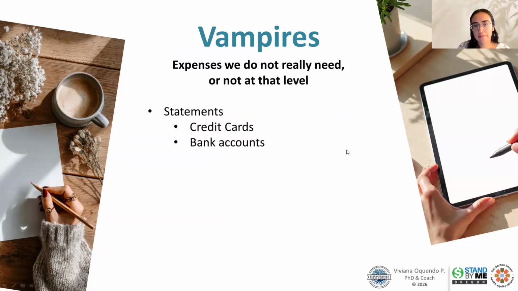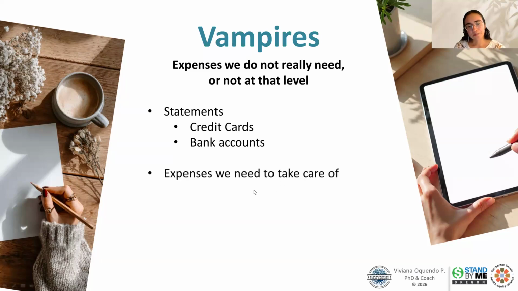And how we can identify vampires, if we didn't identify already with the budgeting, maybe it's a good idea that you take your statements from your credit card, your bank accounts of the last 3 months, and double check that all the expenses that were there make sense, that there is nothing weird. Some people sometimes subscribe to entertaining things and then they don't remember, and then they are just getting money out and not even using the services much. So double think those things.